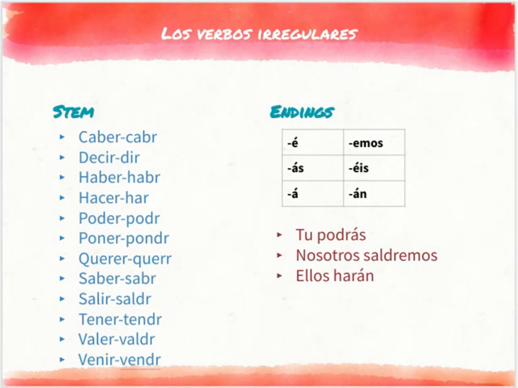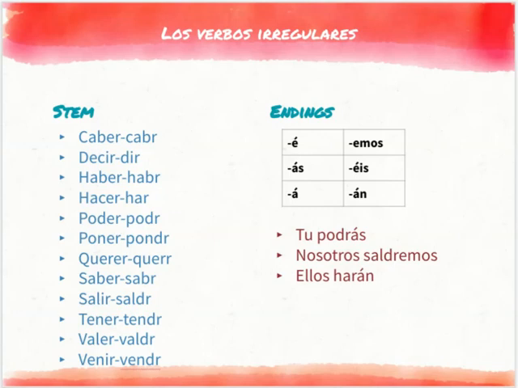And you can see that for most of them, instead of keeping the ER or IR ending, we've just taken out that vowel there. So caber is CABR. Haber, HABR, right? Poder, PODR.